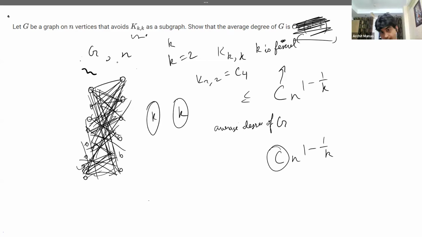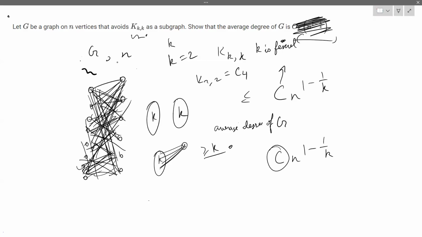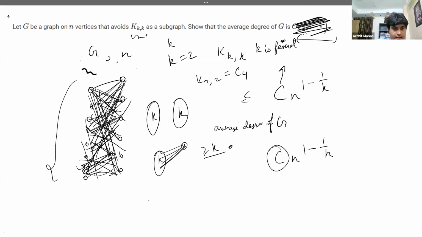Another strategy could be to instead fix a set of K vertices and locate any vertex v that connects to all of these. And if there's at least K of these, then you have a K comma K. K comma K means completely bipartite, yes, the complete bipartite graph.